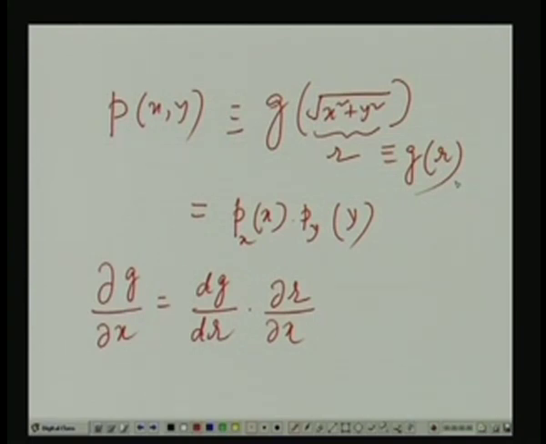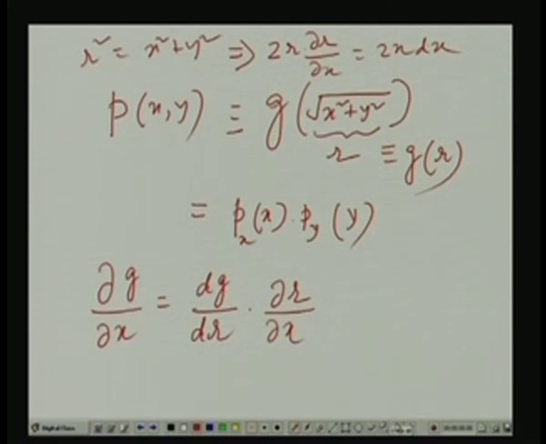We have seen that r square is x square plus y square. This means twice r, if I differentiate this side with respect to x, twice r del r del x is equal to twice x, which means del r del x is nothing but x by r.